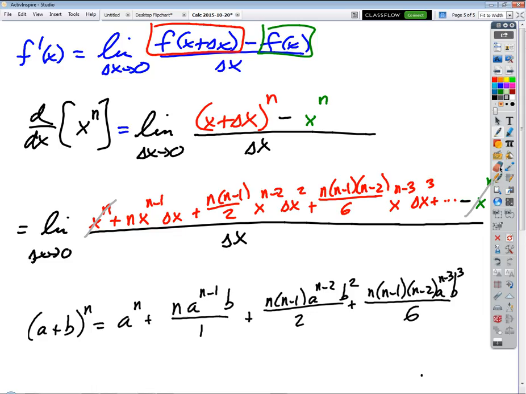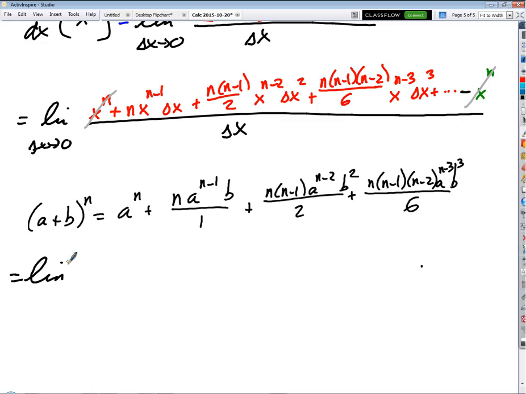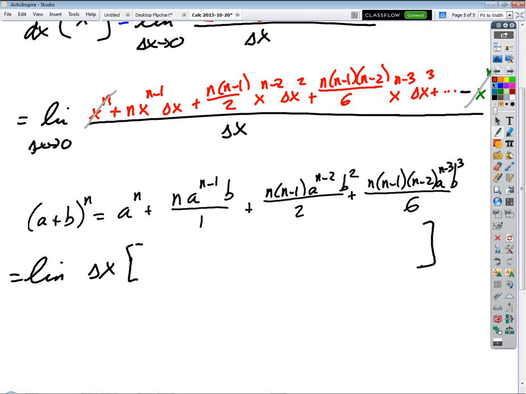What's my next step? Now look, all of these terms contain a common factor of delta x, and then increasing powers of delta x as we move to the right. But I could factor out a delta x to the 1. So I get the limit of delta x times a bunch of stuff. What's left when I factor out a delta x from each of those terms?